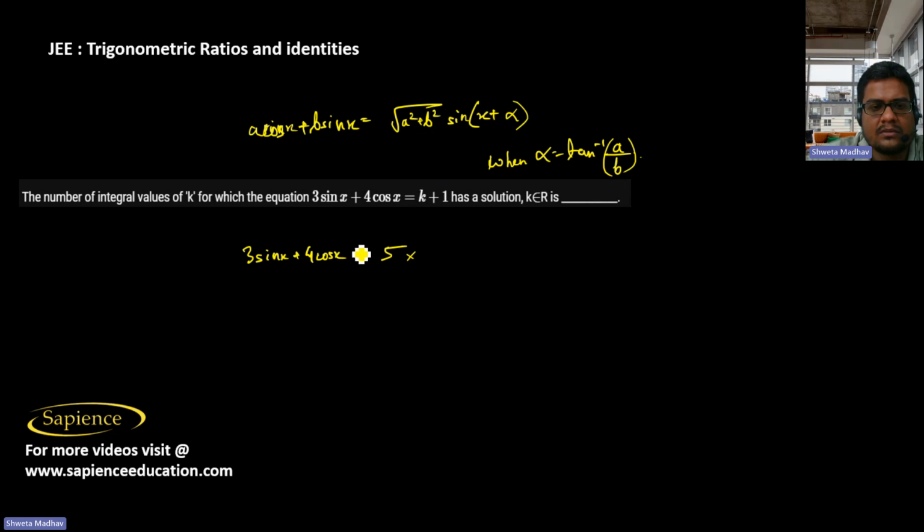Similarly here also this can be written as 5 into sin(x plus alpha), where alpha will be equal to tan inverse of 4 by 3.